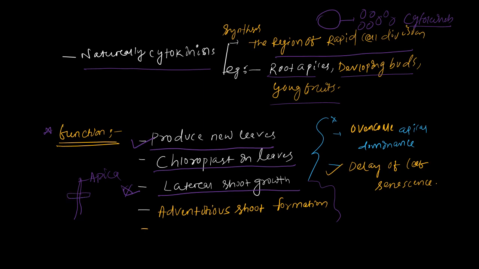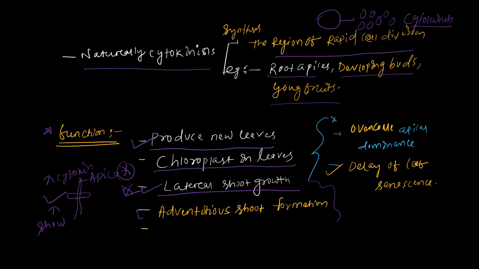If the concentration of cytokinin increases, then apical dominance is blocked, while lateral growth is shown. If cytokinin increases, apical growth is blocked, and in another case we see lateral growth occur.